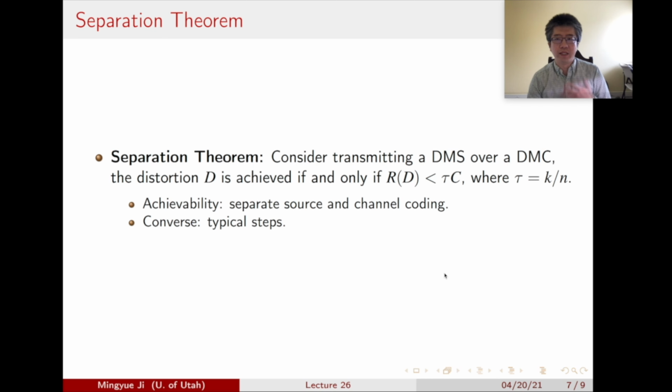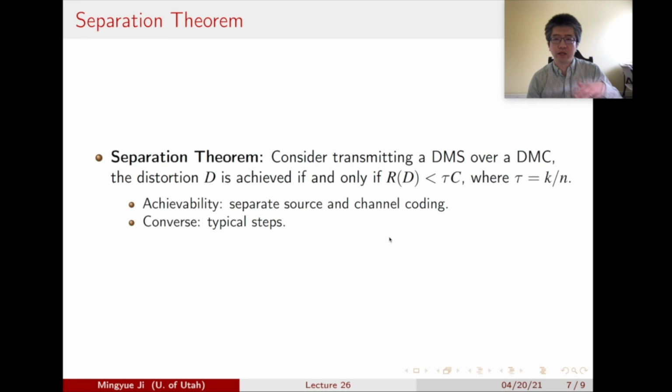The idea here is identical to what we did in the channel capacity section, right? Here, we want to see what is the condition under which we can pass a source through a channel, with the distortion constraint of D here.